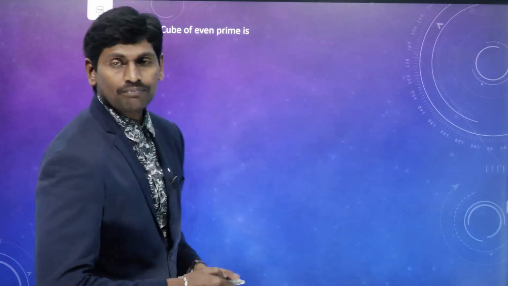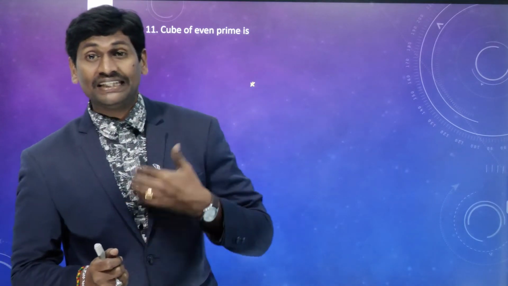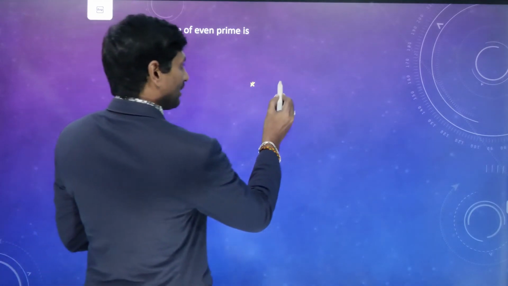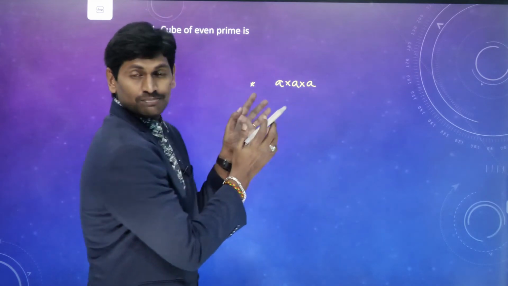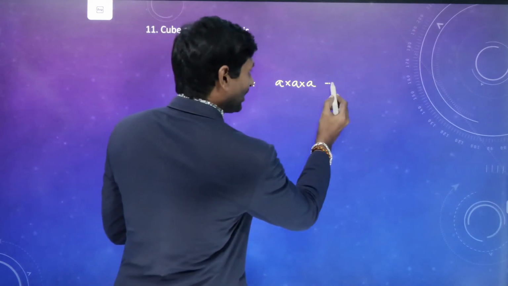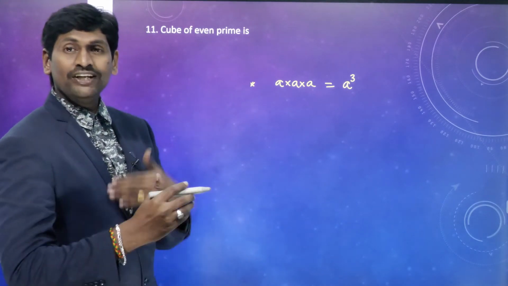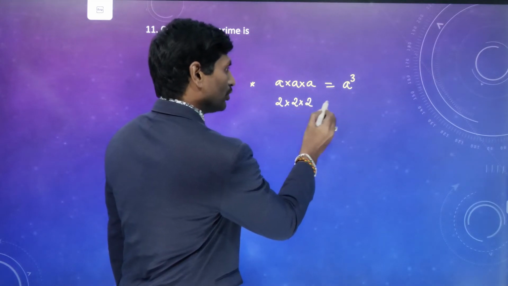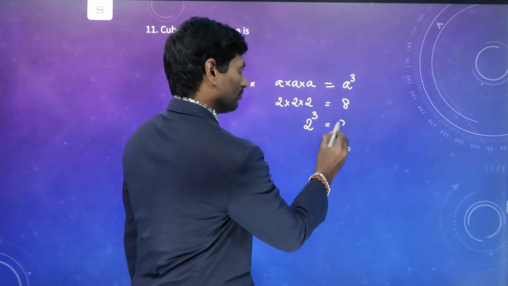Cube of even prime. Before that, what is a cube number? If a number is multiplied by itself 3 times, it gives its cube number, like a into a into a, a cube. 2 into 2 into 2: 2 2s are 4, 4 2s are 8. So 8 is the cube of 2.